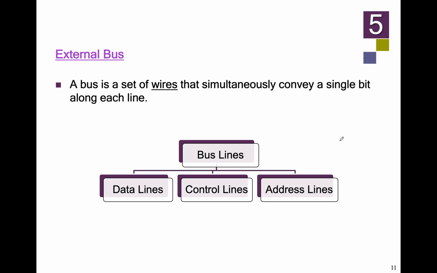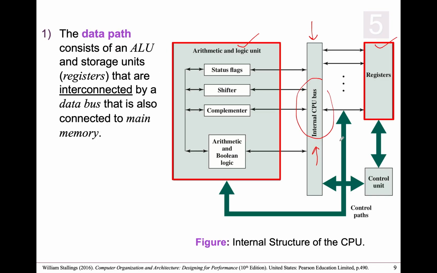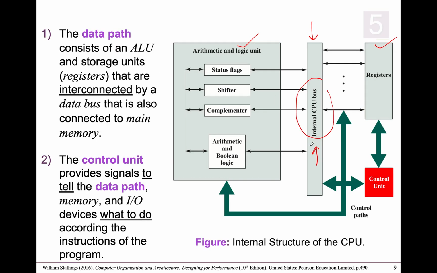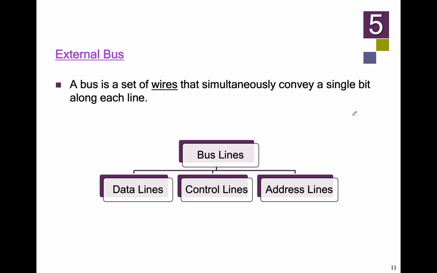Next is the external bus. You have internal, so you also need to have external, the same as boy and girl, in and out. Whether it is the external bus or the internal bus, we need to know the basics about a bus first. A bus is a set of wires that simultaneously convey a single bit along each line.